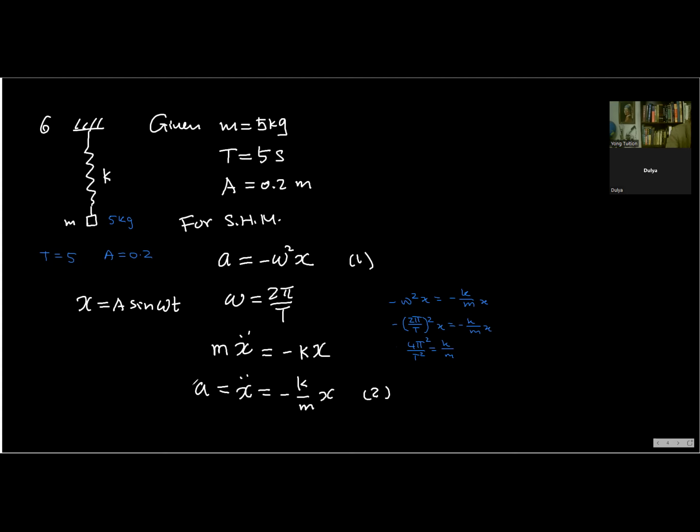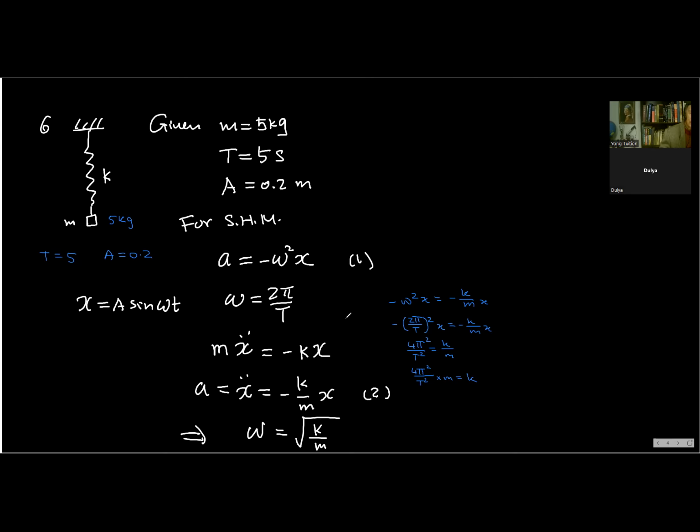In general, if you study physics, you can simply conclude that omega is equal to the square root of K over m, just by comparing equation 1 and equation 2. So now we can figure out K. K is the stiffness constant. So this is Hooke's law, I just remind you.